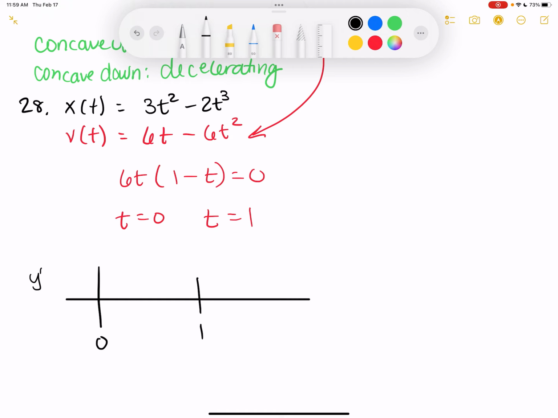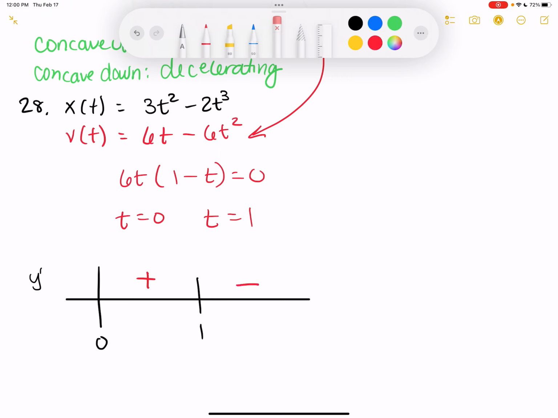I got 3 minus 6 fourths. So it's positive. And then if I were to use like 2, what do I have? Negative.